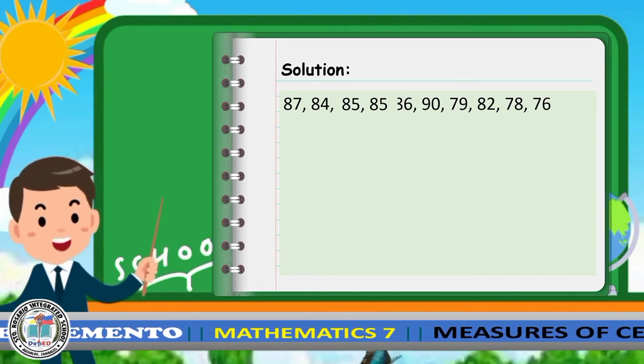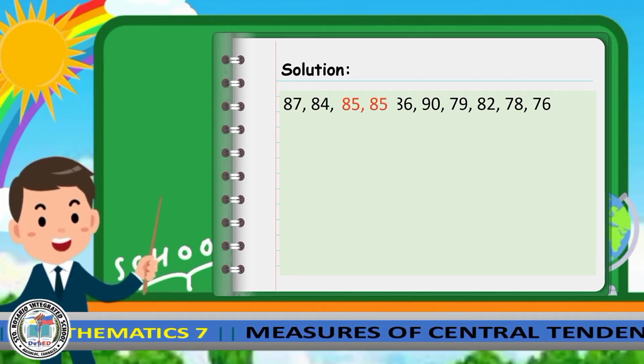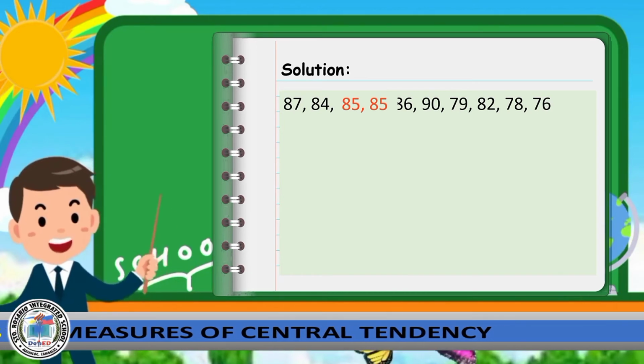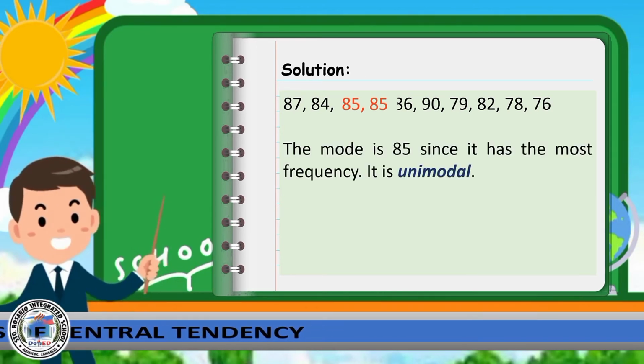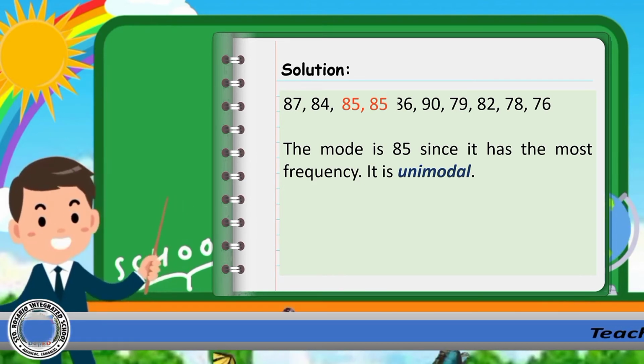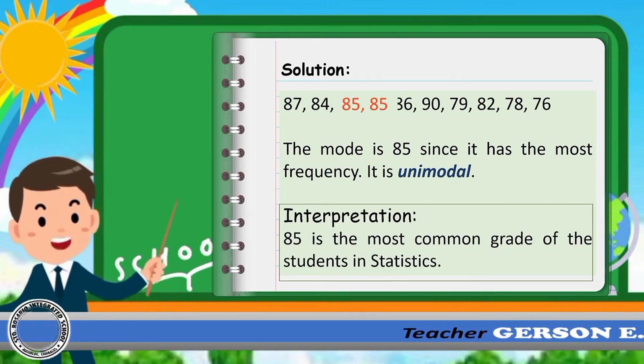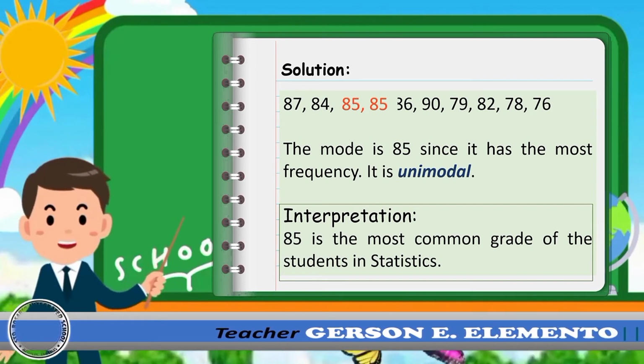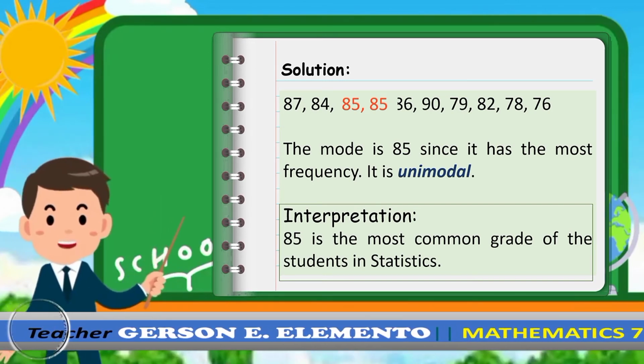The mode is 85, because it has the most frequency. It is unimodal because it has only one mode. Here is our interpretation. 85 is the most common grade of the students in statistics.